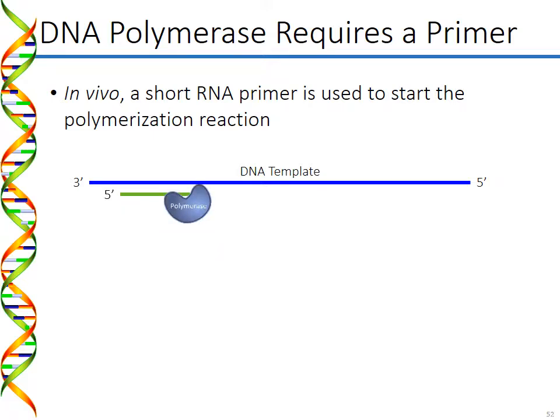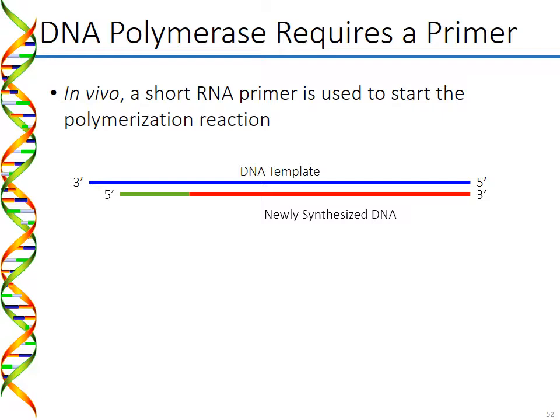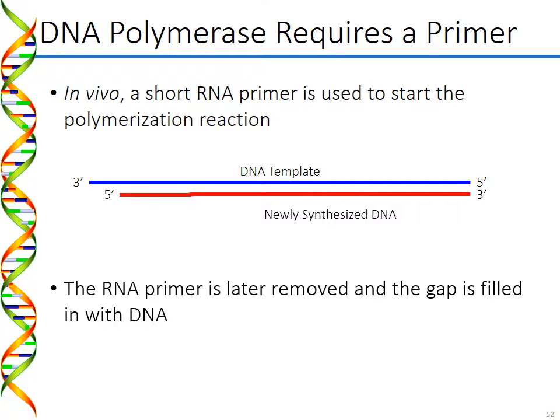Then the DNA polymerase comes, and from the end of that RNA primer will synthesize the DNA downstream in the complementary base pair manner to the DNA template. The RNA primer is then degraded and replaced by a DNA sequence.